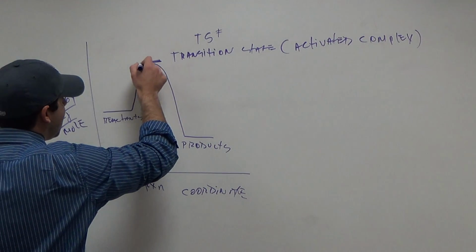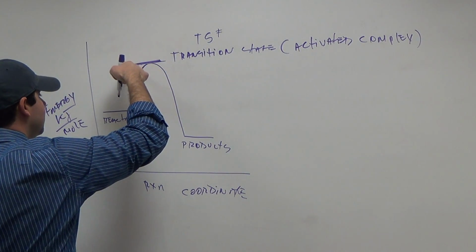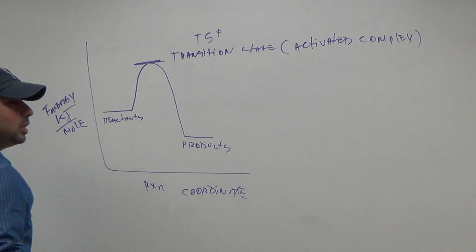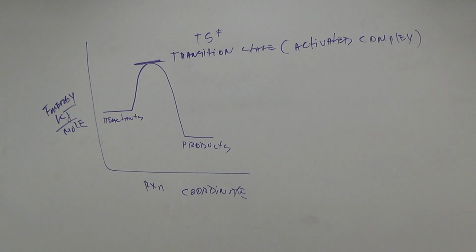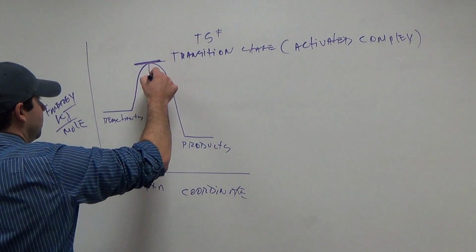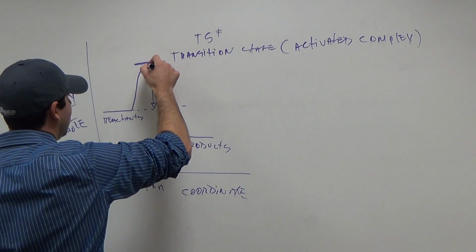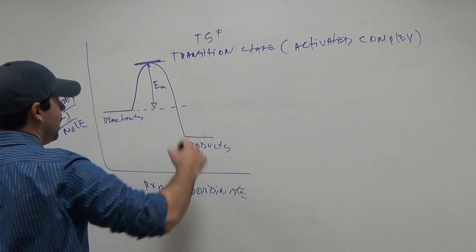Now, the difference in energy between the transition state and reactants is called energy of activation. So, the difference in energy between here and here is called energy of activation.